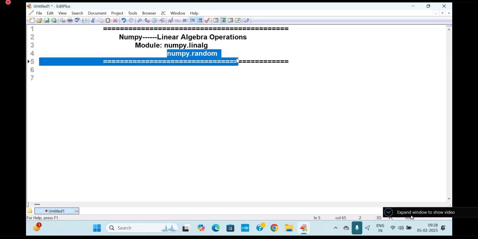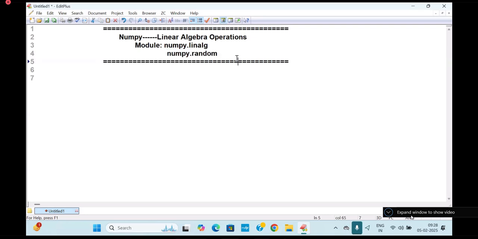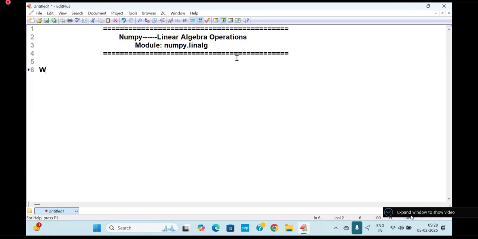Like that, linalg also contains some functions, students. We can perform the following operations on linear algebra.